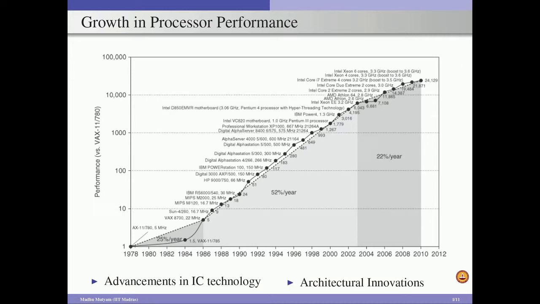The second phase of processor improvement is mainly because of architectural innovations, which typically exploit instruction level parallelism, in other words executing independent instructions in an out of order fashion, also implemented in superscalar processors, and also exploiting threading: multi-threading, hyper-threading, simultaneous multi-threading and so on.